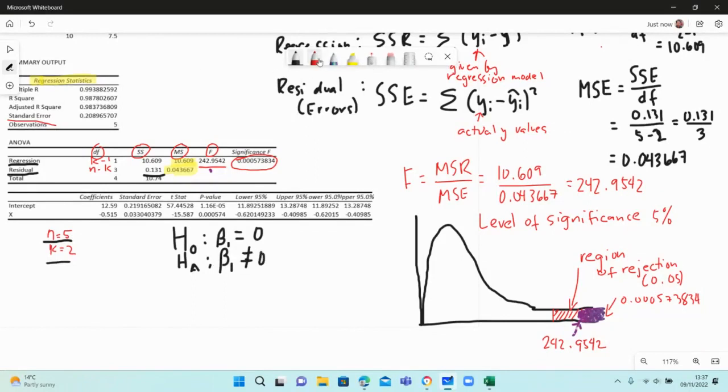Now recall that if beta 1 is equal to 0, this basically means the assumption of no linear relationship. So there is no linear relationship between the x and y variable.